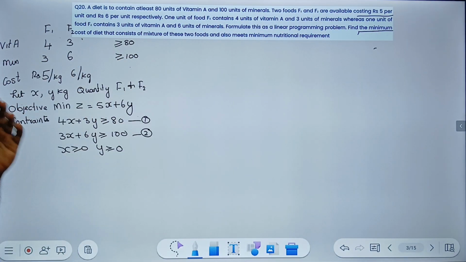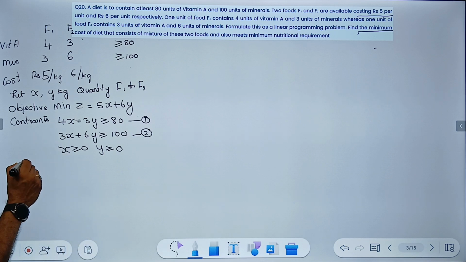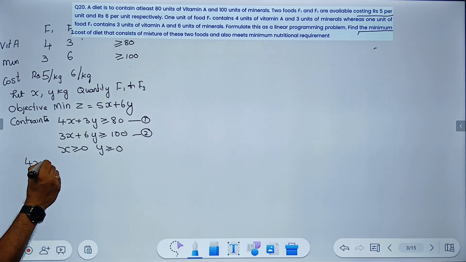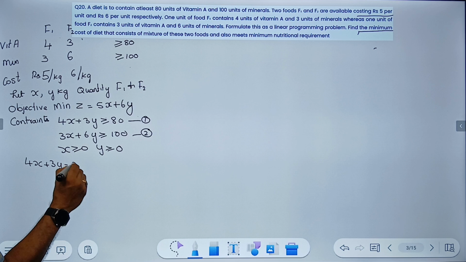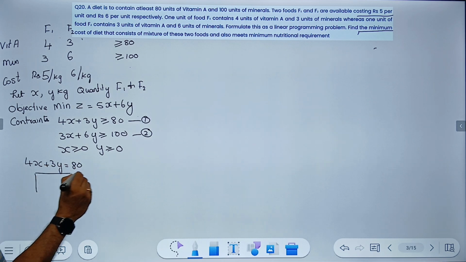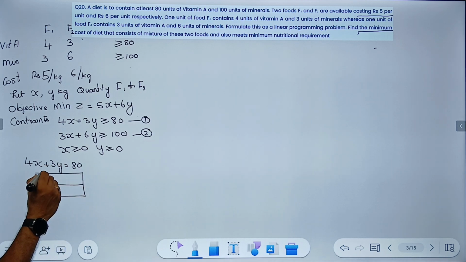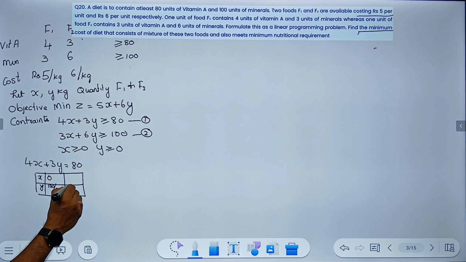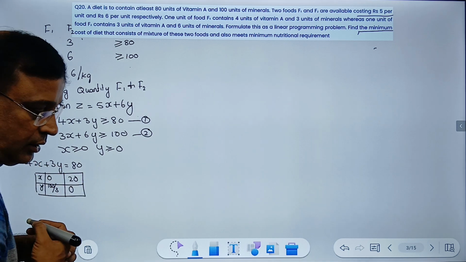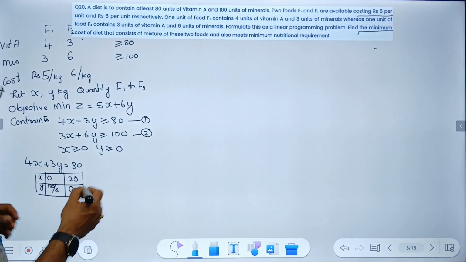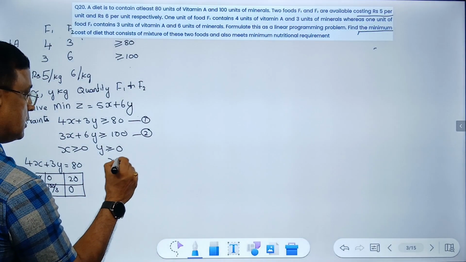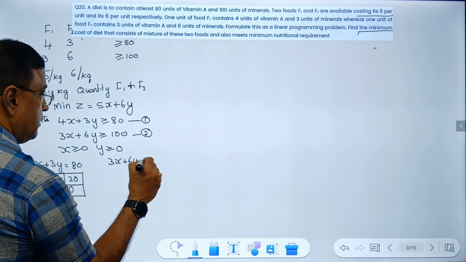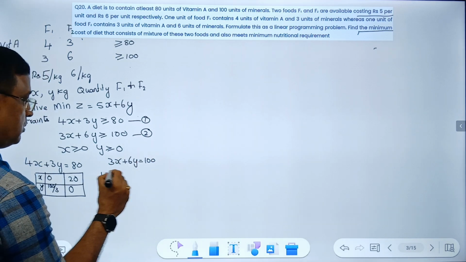Now how do I solve it? As usual, we take the first equation, 4x plus 3y equal to 80, and do the usual calculation. When x is 0, y is 80 by 3, and when y is 0, x is 20. Then I have 3x plus 6y equal to 100. Take a tabular column.